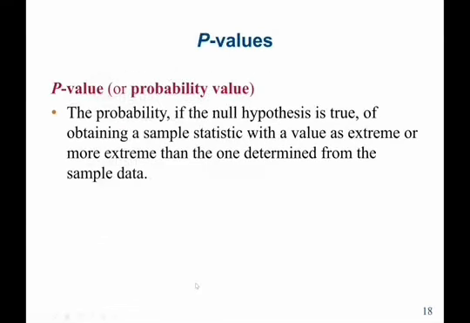Now the p-value, or the probability value: if the null hypothesis is true, it is the probability of obtaining a sample statistic with a value as extreme or more extreme than the one determined from the sample data. It depends on the nature of the test.